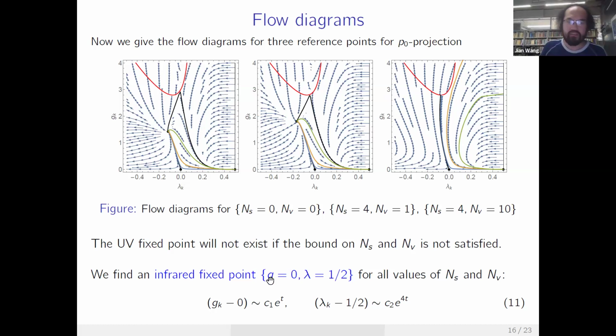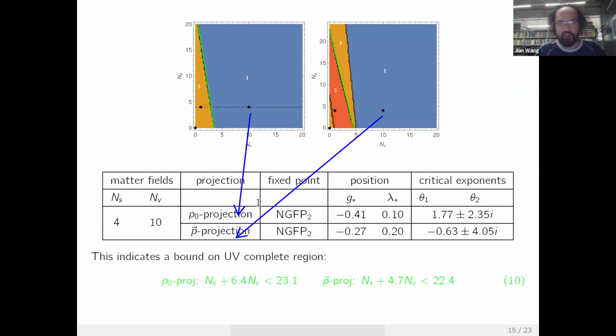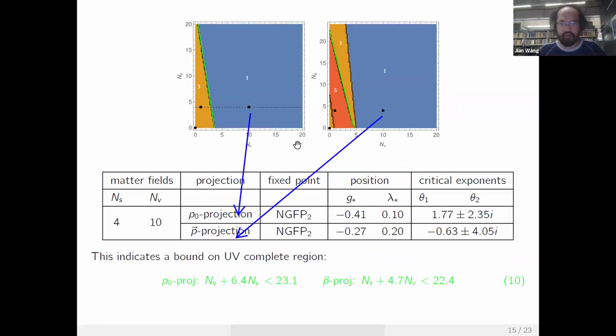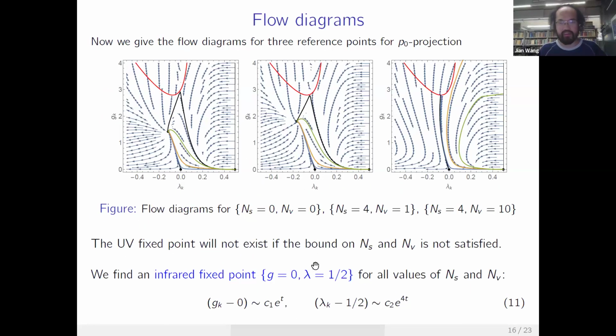The reason why we didn't find this fixed point by solving the differential equation is that this fixed point is located on the singularity of the beta function. If we look at the function here, lambda is 1/2 is on the singularity. So we cannot get this by solving the beta function.